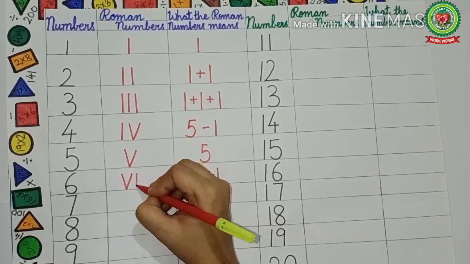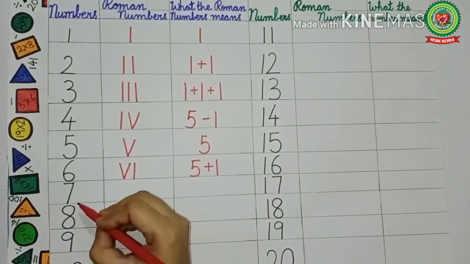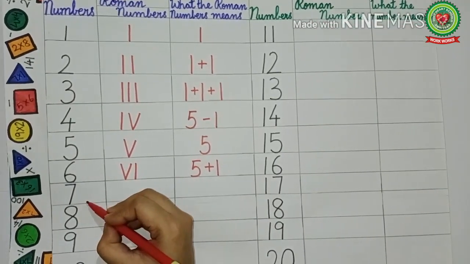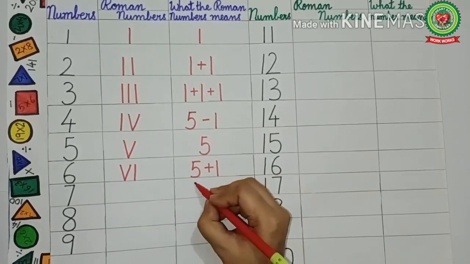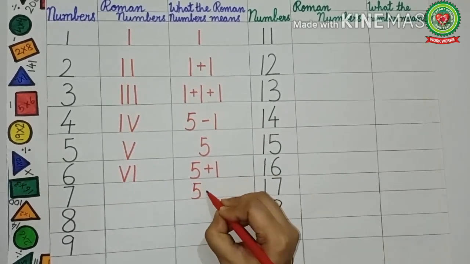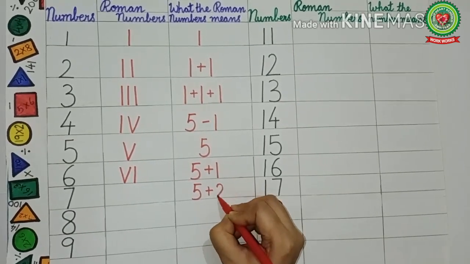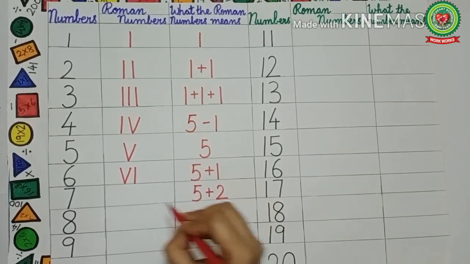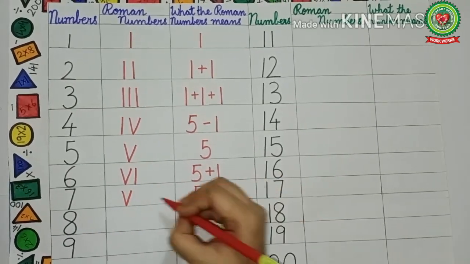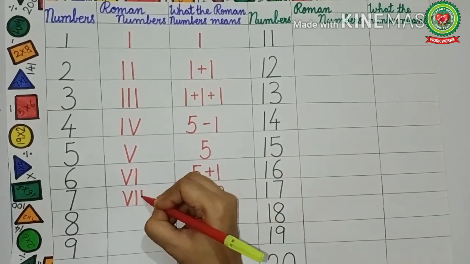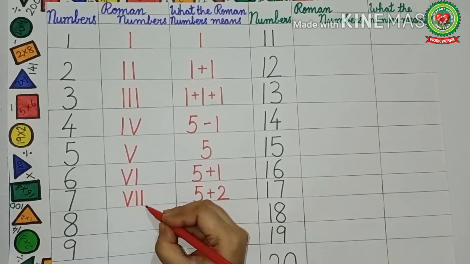Next number is 7. Now what is the meaning of 7? 7 means 5 plus 2. So how do we write 5? That is V. How do we write 2? That is I I. This is 7.